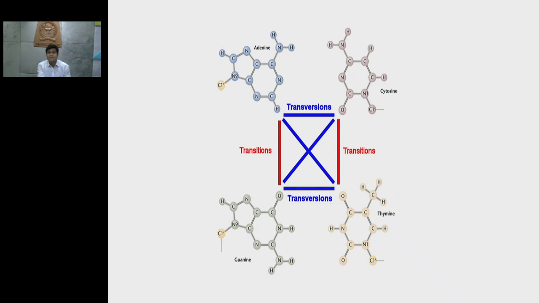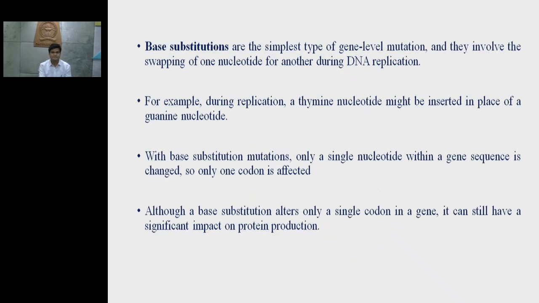Adenine is replaced by thymine, guanine is replaced by cytosine crosswise, or vertically adenine is replaced by guanine and cytosine is replaced by thymine in case of transition. Horizontally we can see here adenine is replaced by cytosine and guanine is replaced by thymine.